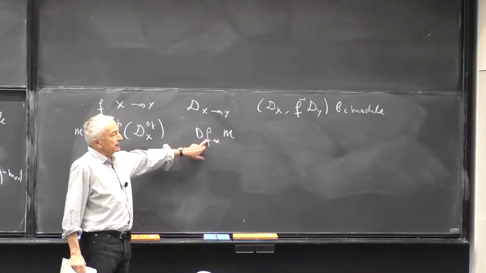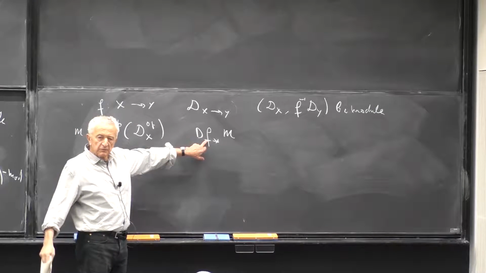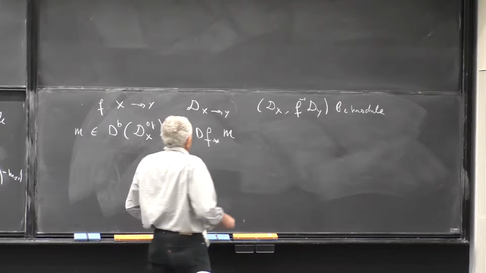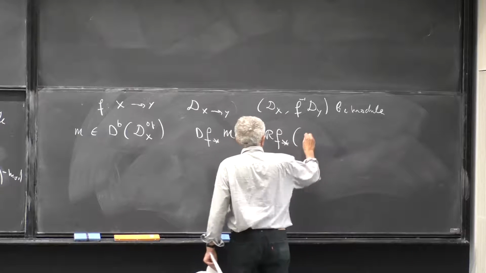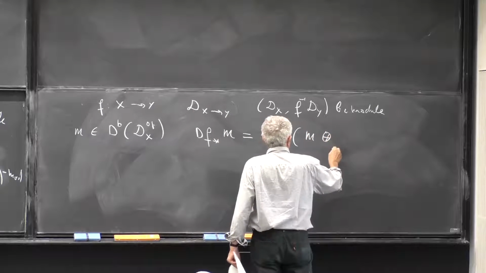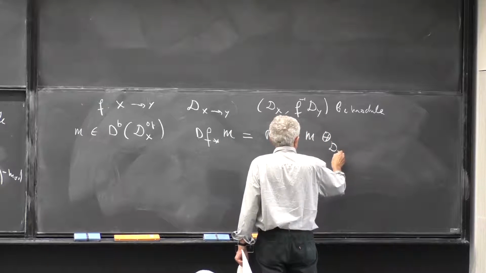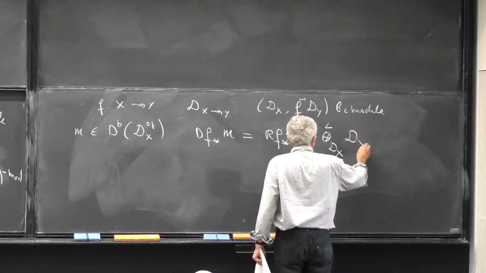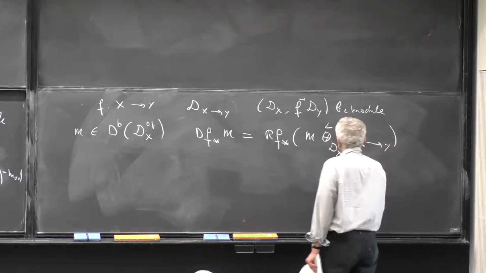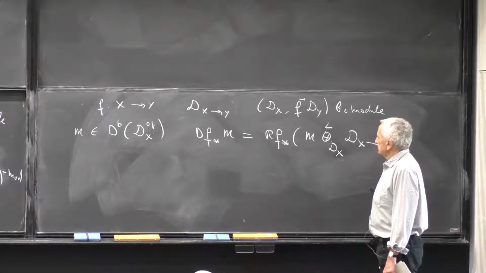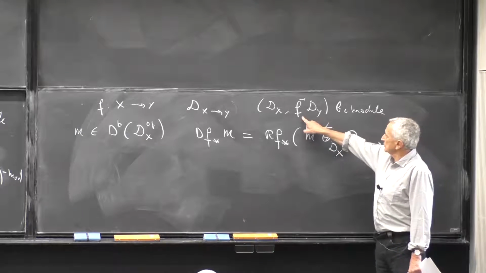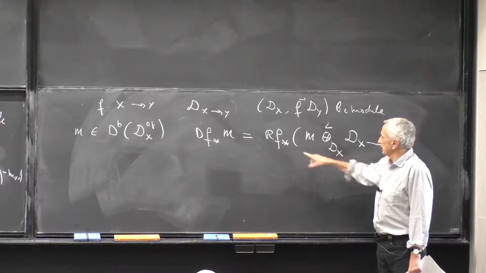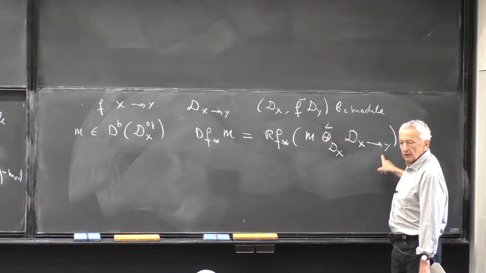That means the direct image in the category of D modules. So it will be the direct image as a sheaf of M tensor over D_X of D_{X→Y}. Okay, so you see this is an f^{-1}D_Y module. You take the direct image, it will be a D_Y module.